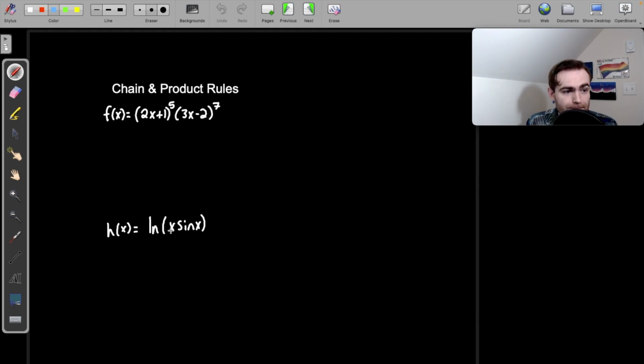And if you notice, this one here has multiplication being the most prominent part of the structure taking place. You have a function times a function. Here, you have composition of functions taking precedence. You have the natural log of two functions being multiplied.